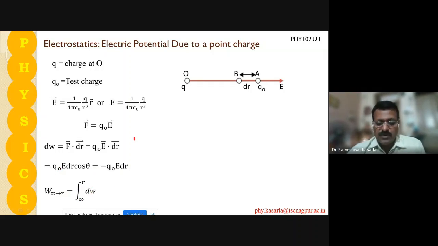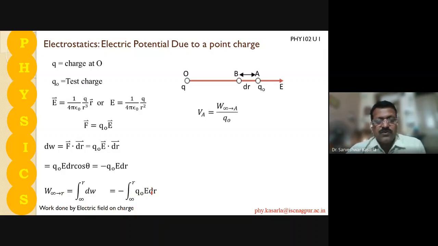We know dw is equal to minus Q0 E dr. If you put in the value, the minus sign can be taken outside. If you solve this integral, we get the work done by the electric field on this charge.